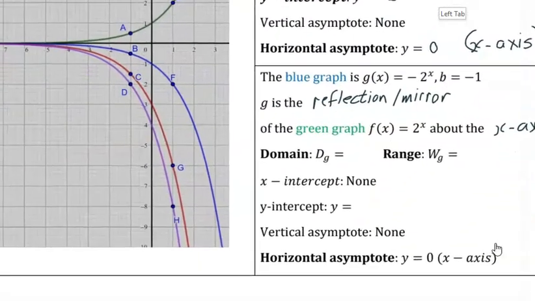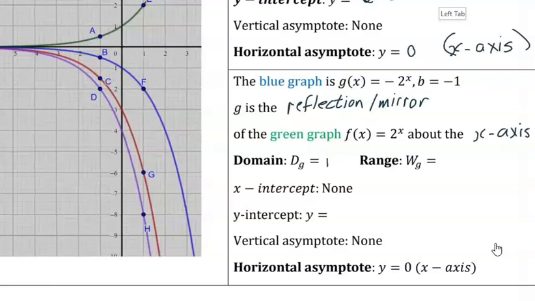The domain is still all real numbers, but what happens now with the range? The range now, our smallest value here is -infinity up to 0. So the range is now negative values. All the values are negative there.